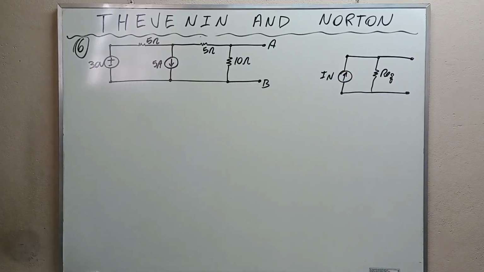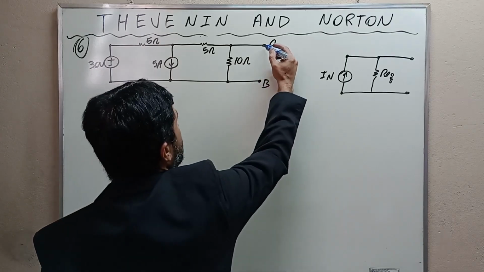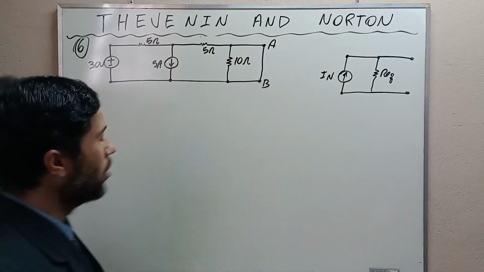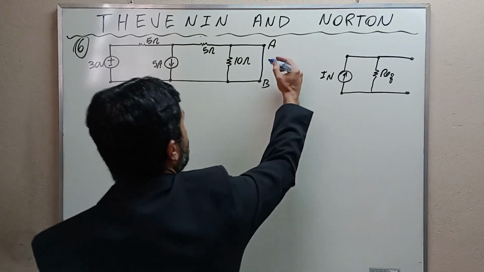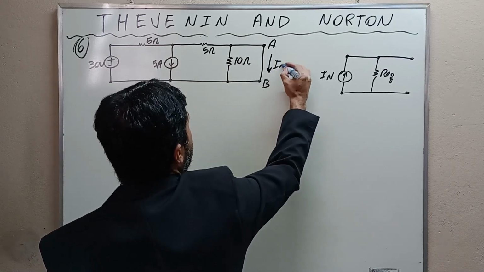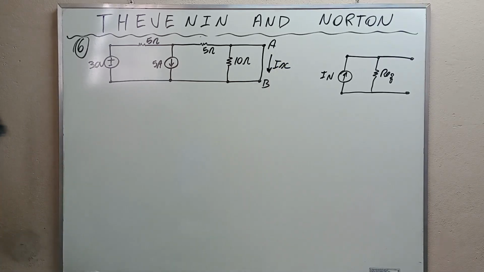Alright? The first step consists of calculating the short circuit current. We are going to short circuit here between terminals A and B, and we are going to calculate the short circuit current here. Alright, my friends, this is how we calculate the short circuit current.